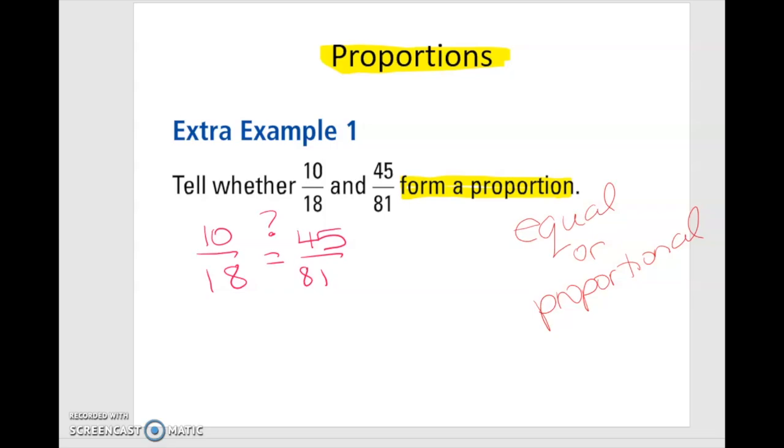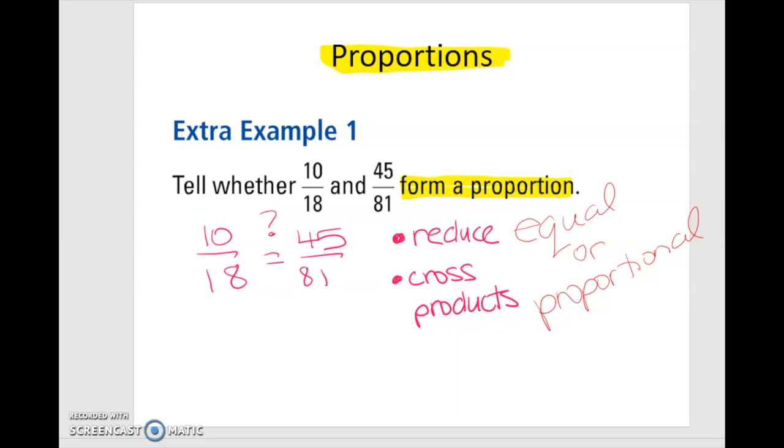There's two ways to do this. Our first strategy is to reduce the ratio into its simplest form. That would be strategy one. Strategy number two would be to use something called cross products. And cross products is something that we're going to use a lot as we're talking about proportions.